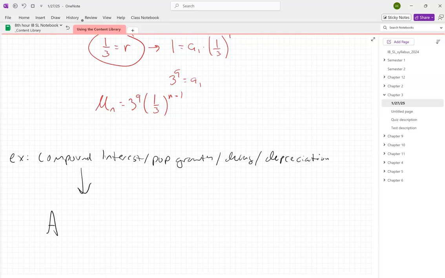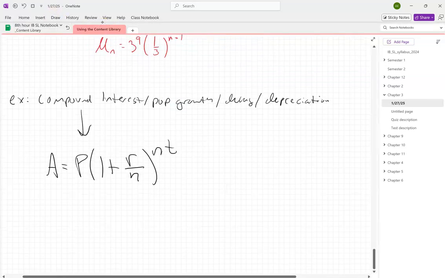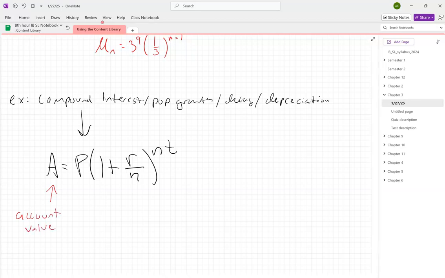If it's compound interest, this is the only one where we need a formal formula to deal with. So A is our account value at time t. P is the principal, that's the initial investment.